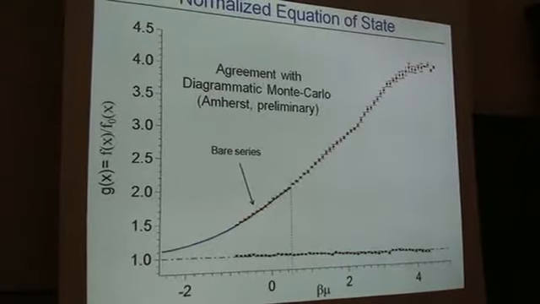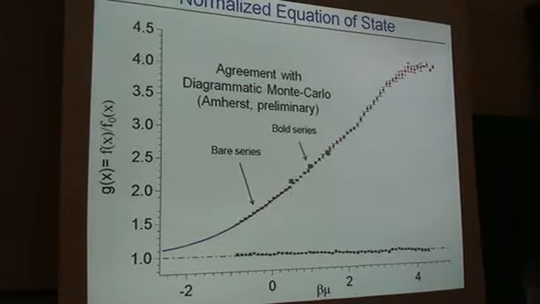Okay, so now comes the crucial test. There is an independent, completely unbiased method that Boris Svistunov and Nikolai Prokof'ev came up with, the diagrammatic Monte Carlo method, which essentially sums up all Feynman diagrams, but not all, they throw a dice to see which one to calculate next, in a clever way, of course, and they can go to high orders and find a final answer for the equation of state in the high temperature limit already, and it is just very nice how well it agrees with our data in this high temperature region.